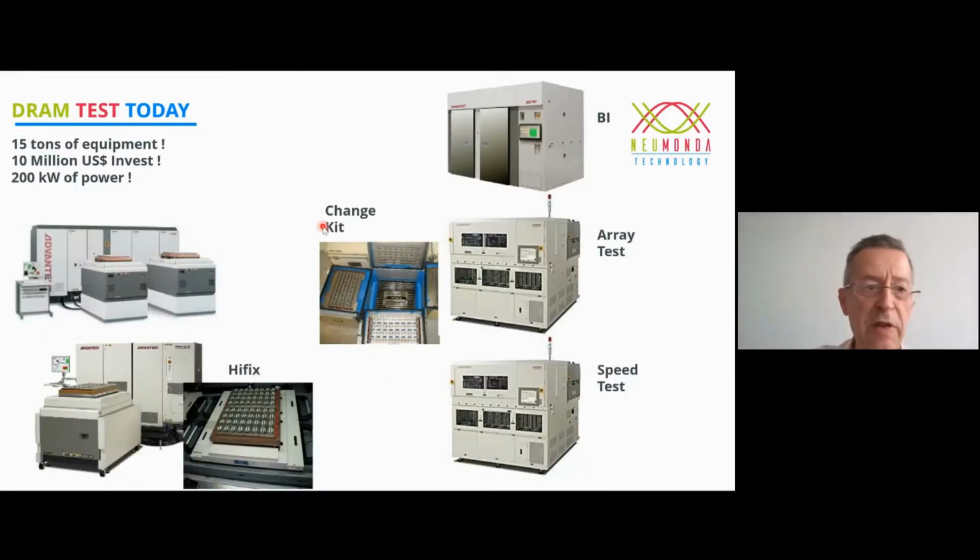So let's talk about DRAM testing today. The minimum you need if you want to test any semiconductor memory is a burn-in test system. Then after burn-in testing, at very high temperatures, you move to what we call array testing.